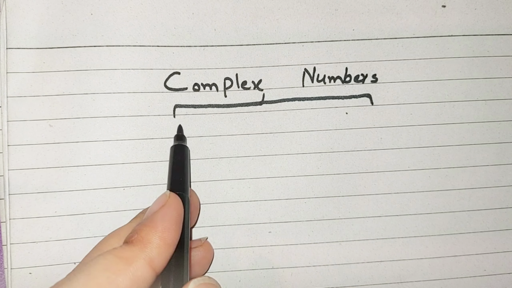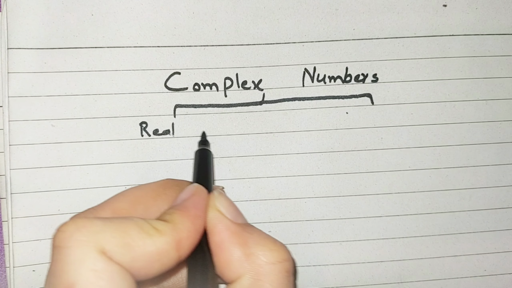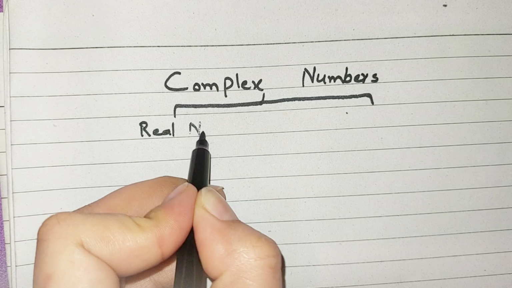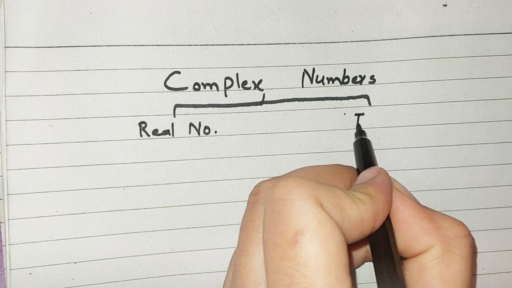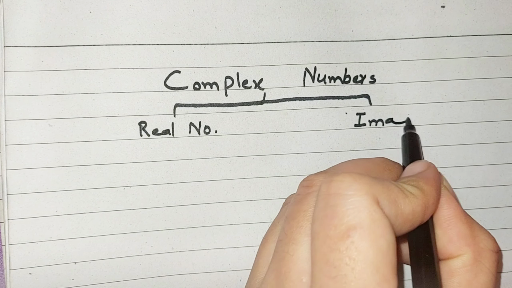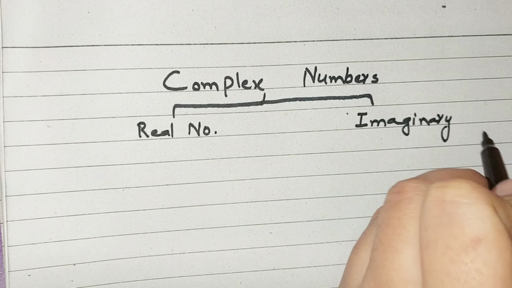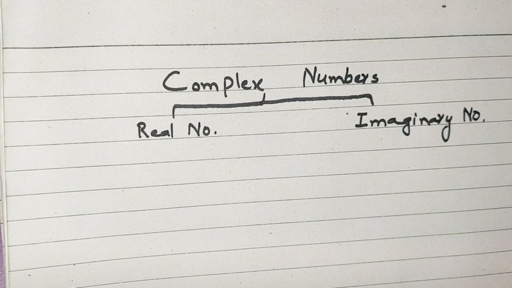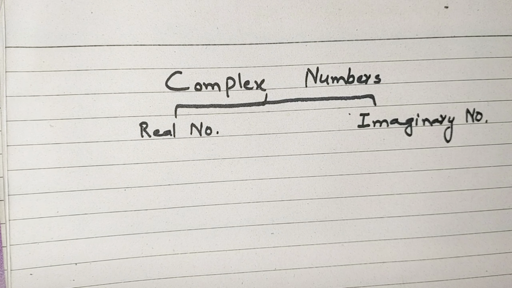The first number system is the real number system, which we are already familiar with. The second one is known as the imaginary number system. So a complex number is the sum of these two number systems, and we know that the real numbers are further divided into rational and irrational.